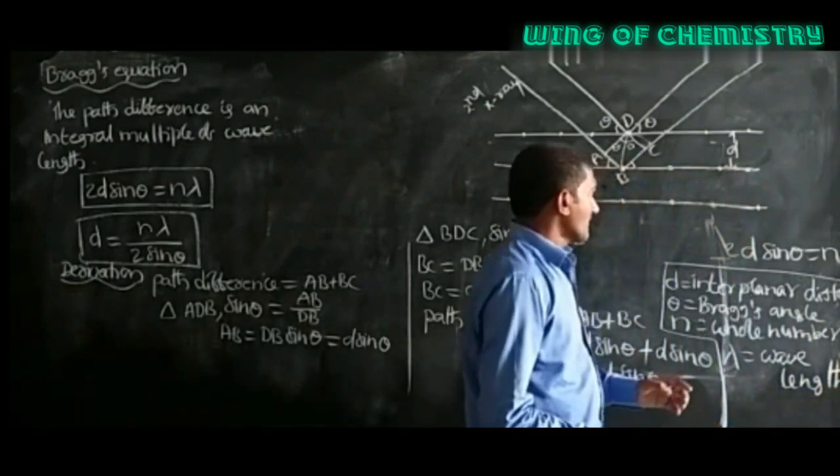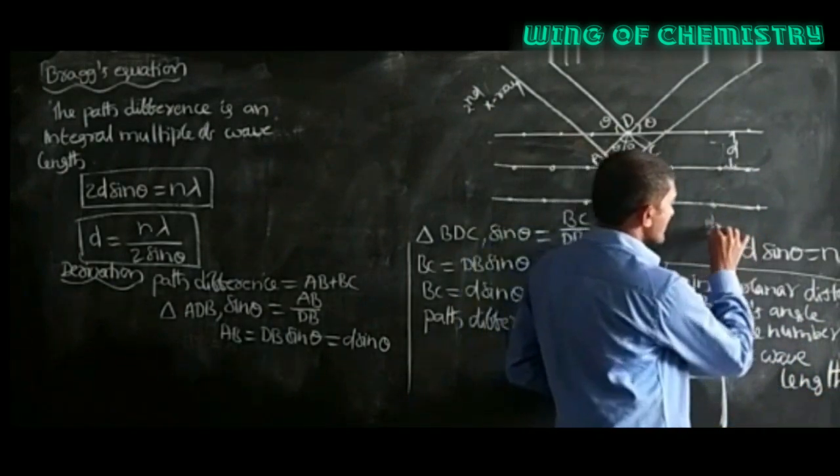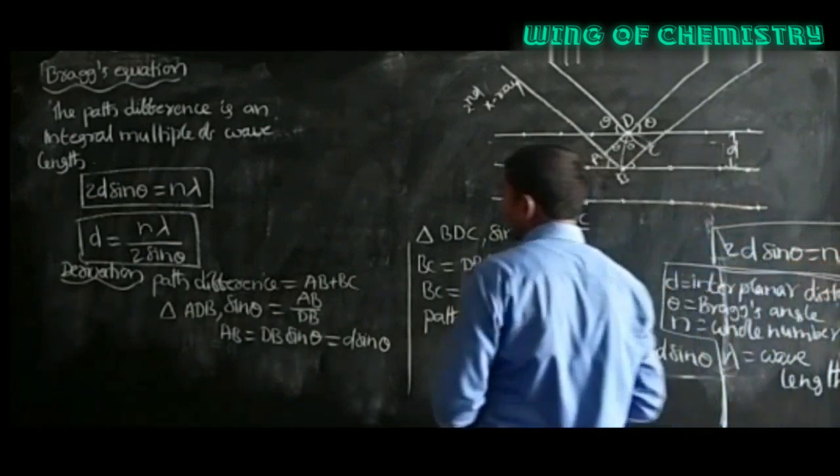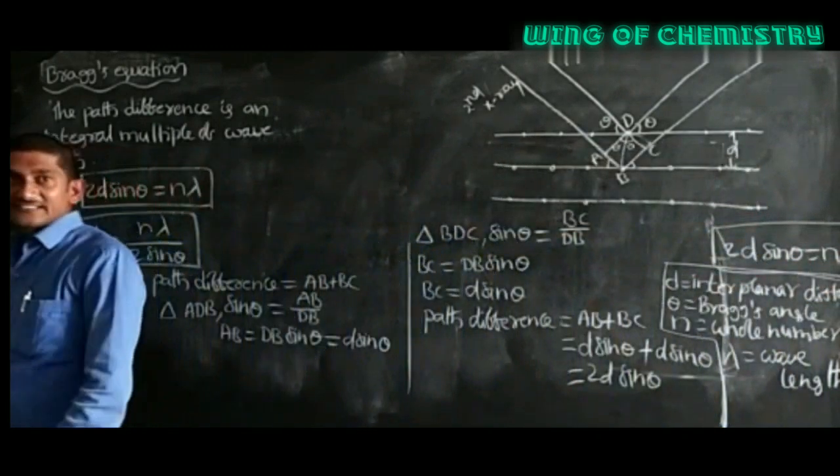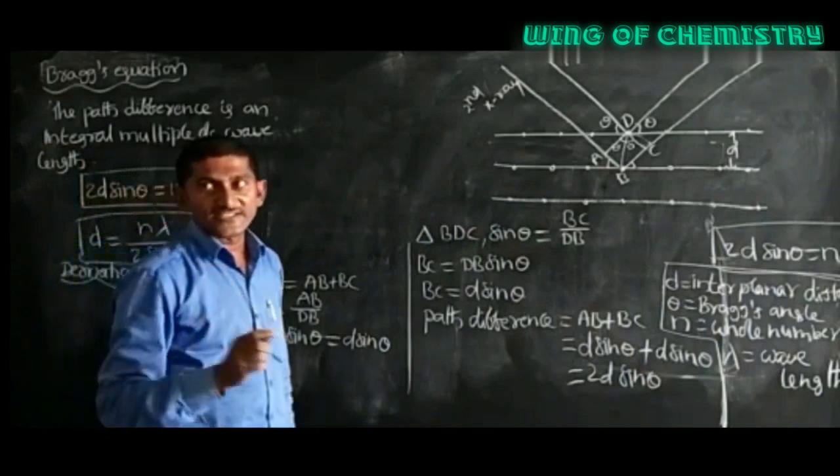This is Bragg's equation: 2d sin theta equals n lambda.